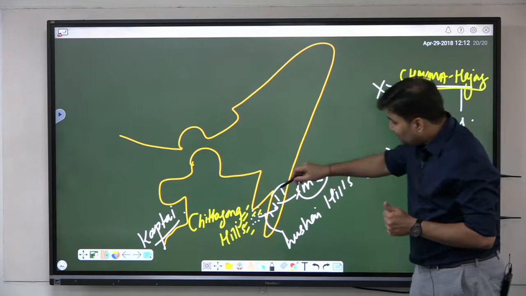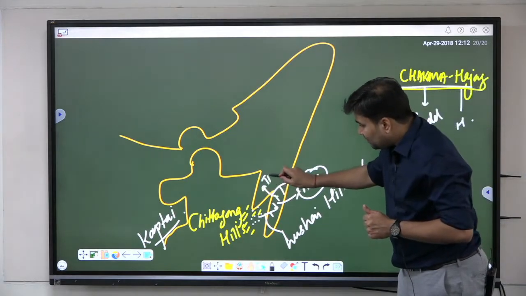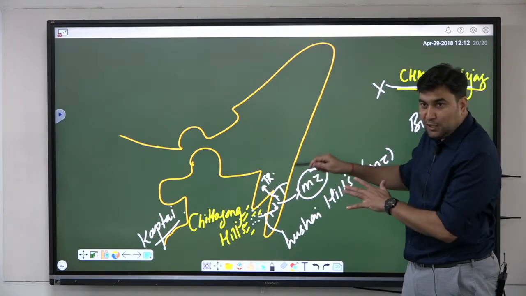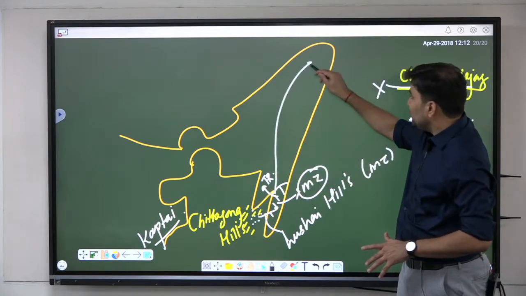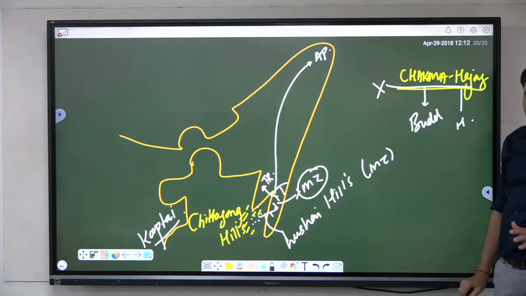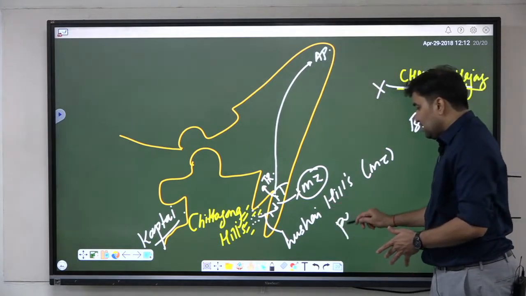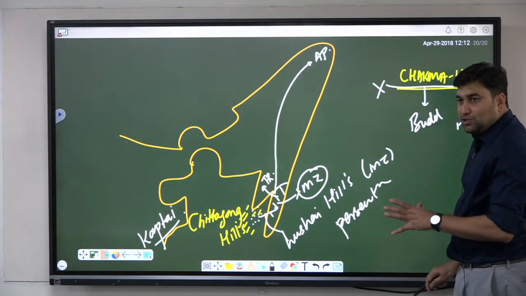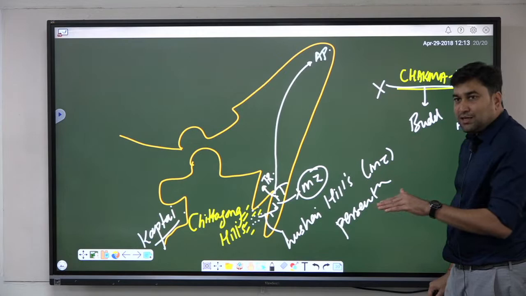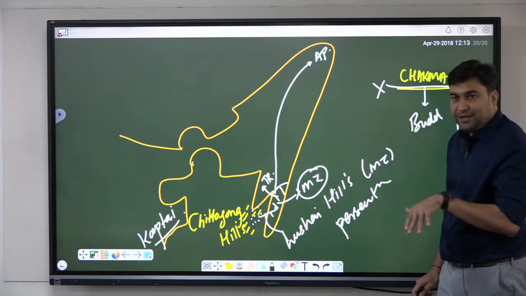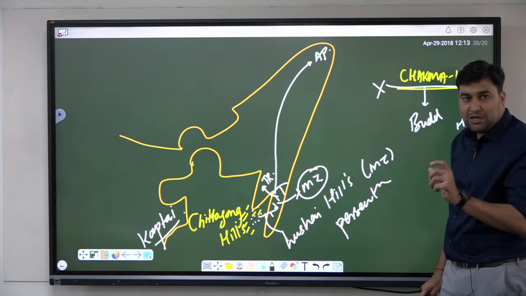So they left and moved on to Tripura, correct? A few of them stayed in Tripura and a few went to Arunachal Pradesh. Got it? समझ में आ रहा है? Why? Because the persecution was ongoing.